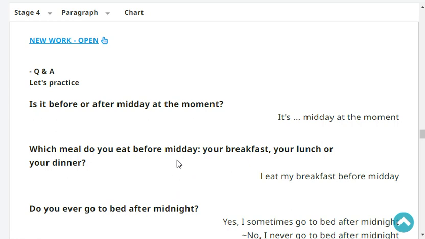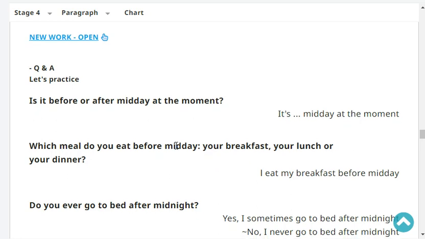Which meal do you eat before midday? Your breakfast, your lunch, or your dinner? I eat my breakfast before midday. Do you ever go to bed after midnight? Yes, I sometimes go to bed after midnight.